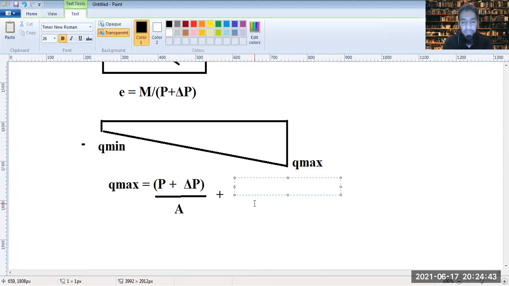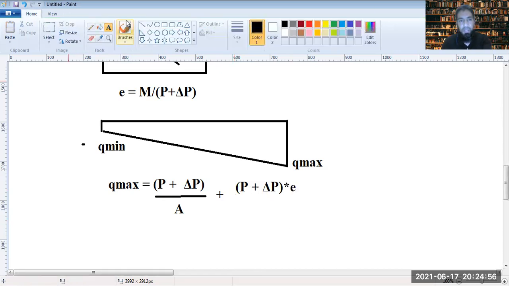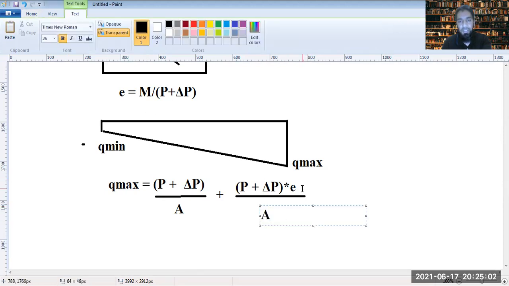M is P plus delta P, multiplied by E, divided by Z. Now, what is the value of Z? Z is equal to BL square by 6.